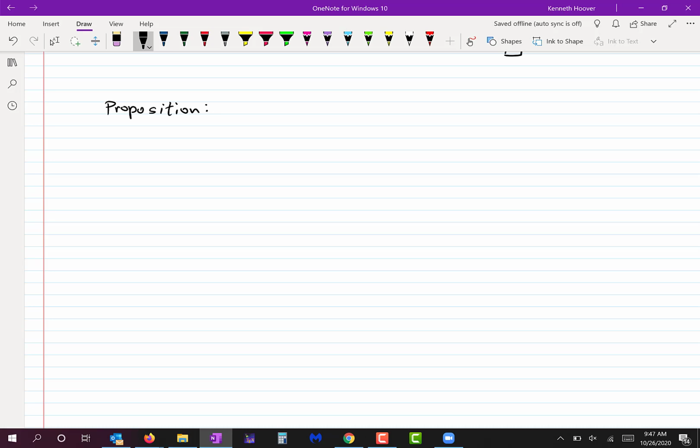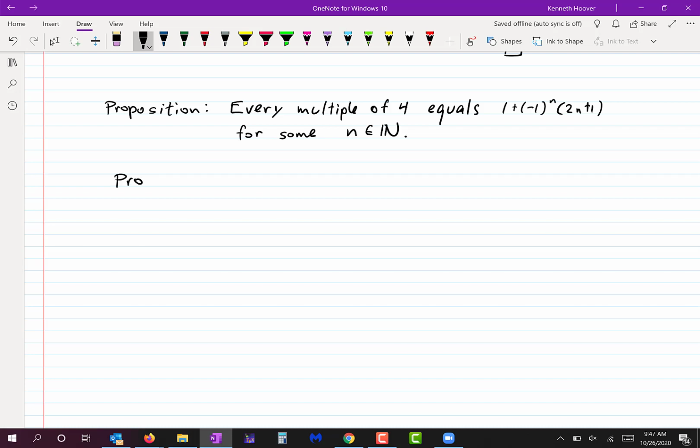It says every multiple of 4 equals 1 plus negative 1 to the n times 2n plus 1 for some natural number n. Okay, let's prove that.